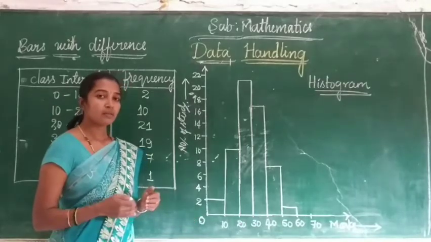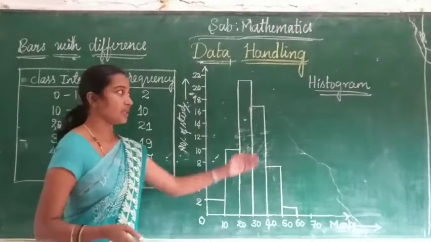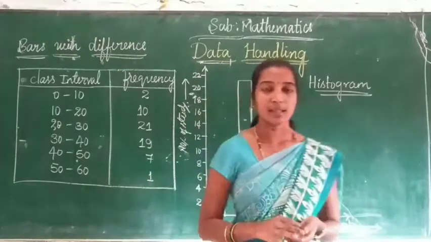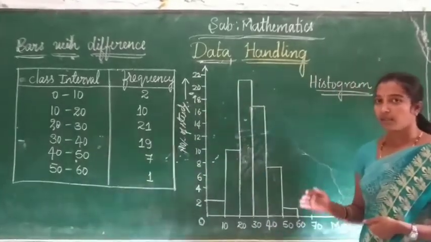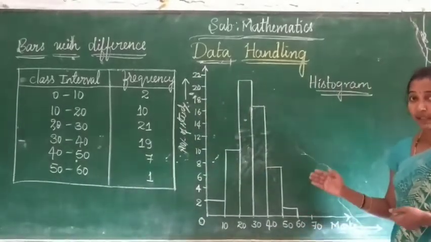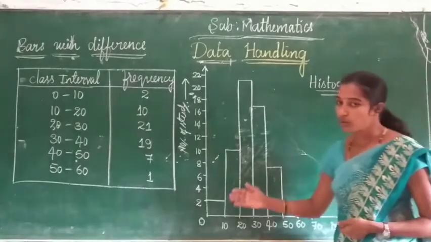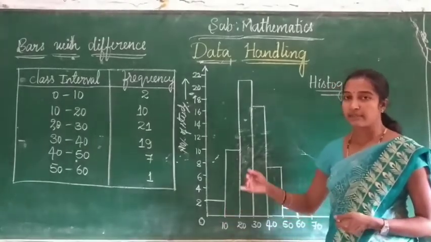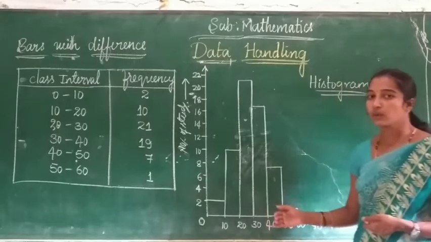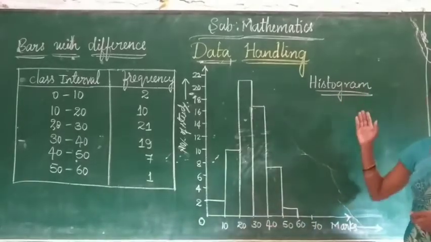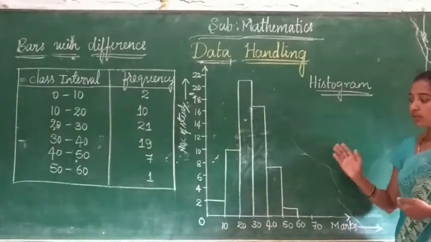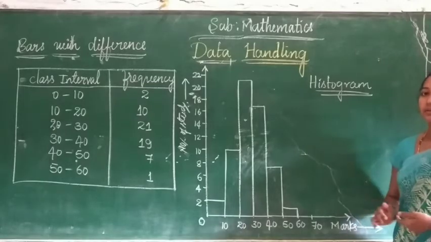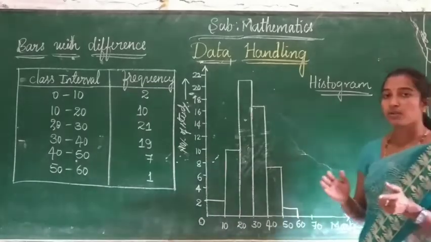Such kinds of graphs are called histograms. The representation of data by using bars, where within the bars there is no gap, is known as a histogram. From this histogram, we have to answer many questions.